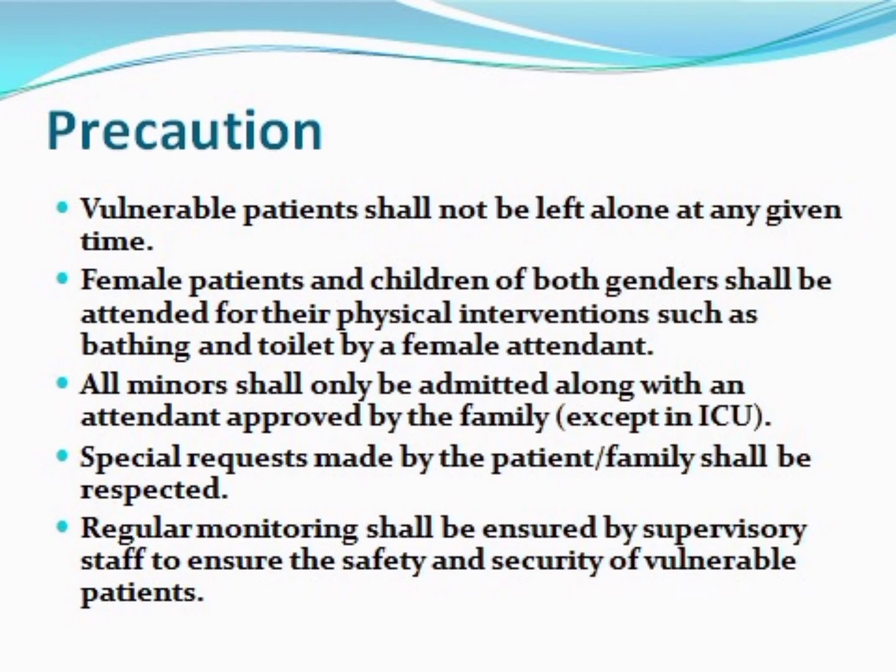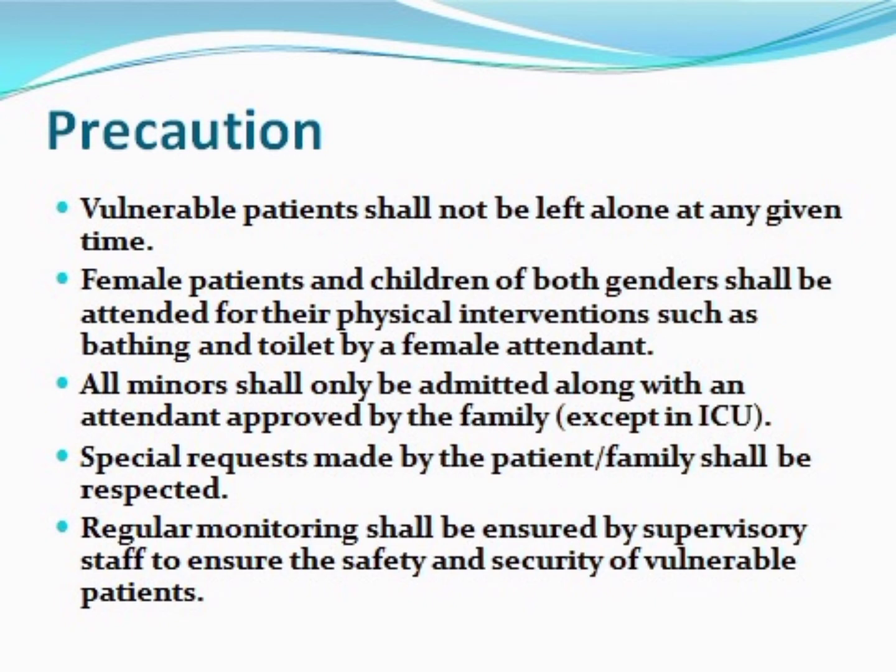And what are all the precautions that should be taken for the vulnerable patient? Vulnerable patients shall not be left alone at any given time. Female patients and children of both genders shall be attended for their physical interventions such as bathing and toilet by a female attendant.